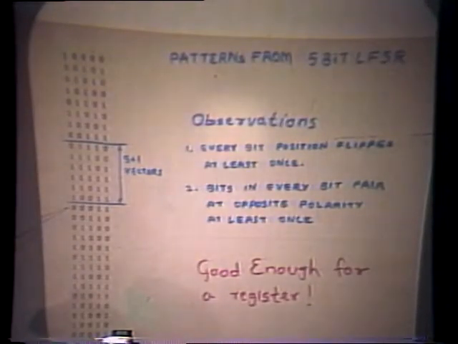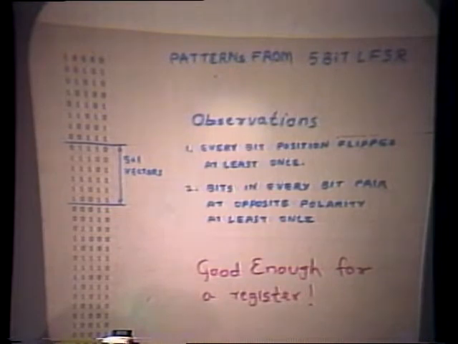So here is a 5-bit pseudorandom vector set. You take any 6 of them. You will find that you'll make 2 observations, that every bit position has flipped at least once if you take 6 of them, for a 5-bit LFSR.